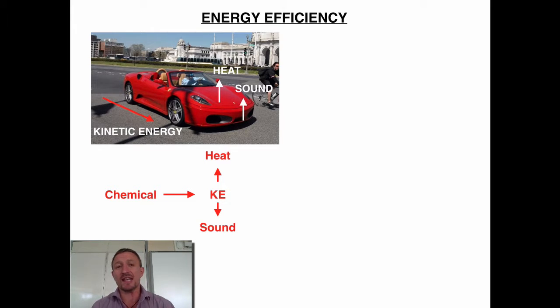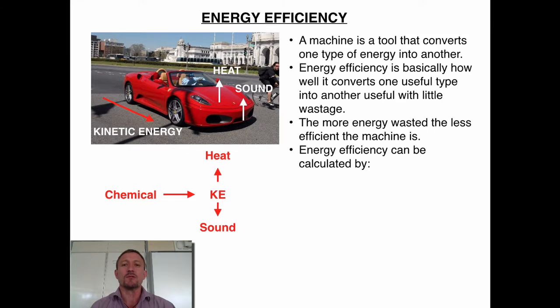Now the question is, how much of the chemical energy is converted into kinetic energy, our desired energy? The better the machine is, the more efficient the machine is, the more energy is going to be produced from our source energy. So, to recap, a machine is basically a tool that is going to convert or transform one type of energy into another.